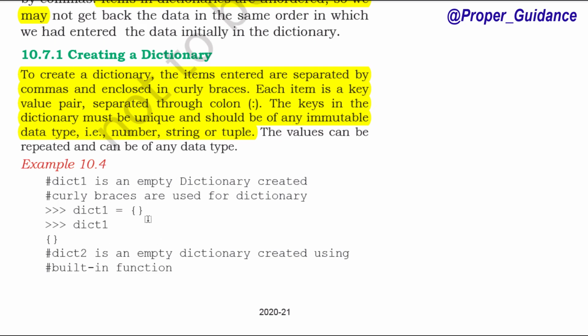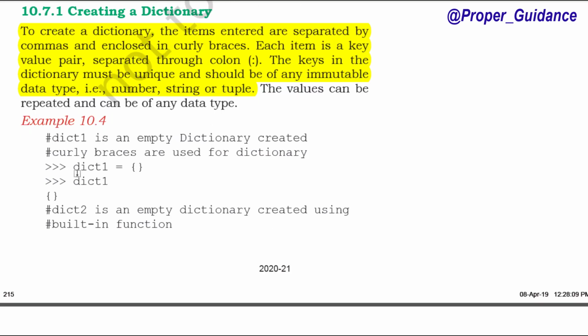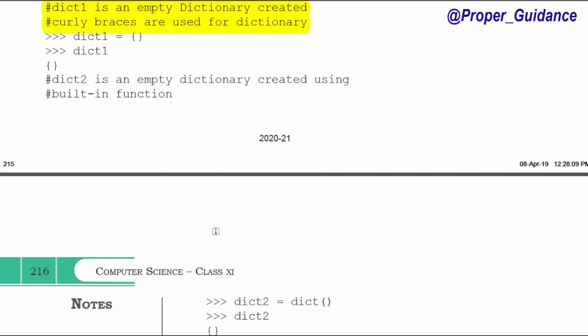Now we can see from here, dictionary1 is an empty dictionary created using curly braces. These lines are comment lines, okay. This is not part of the programming code. This is just a comment section for our convenience. So dictionary1 equals this one, curly braces, empty here. Dictionary2 is an empty dictionary created using a built-in function.